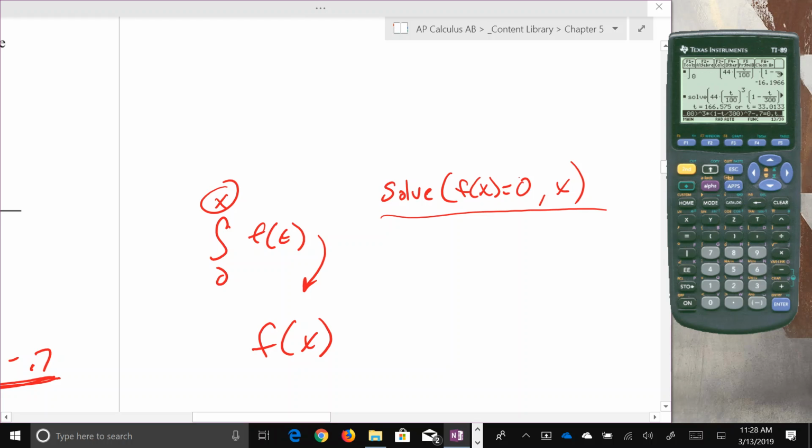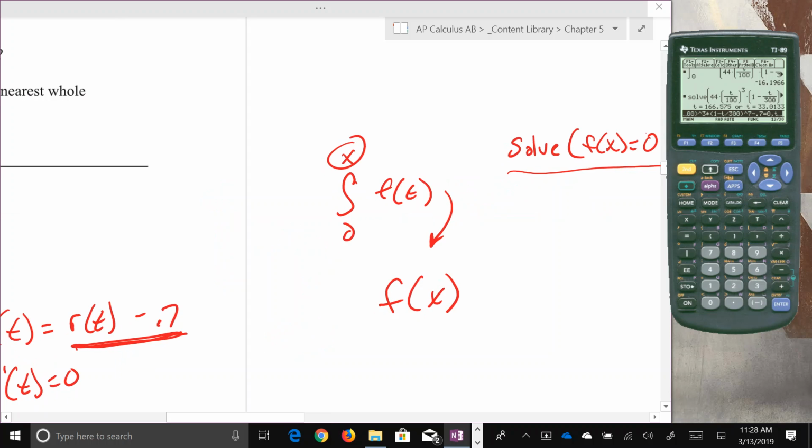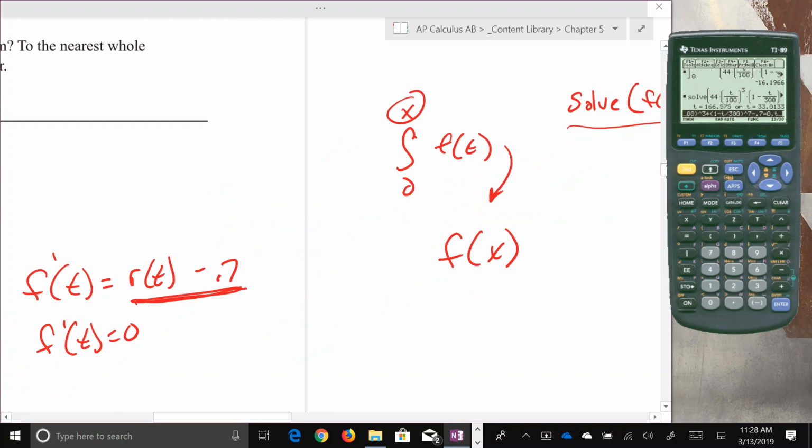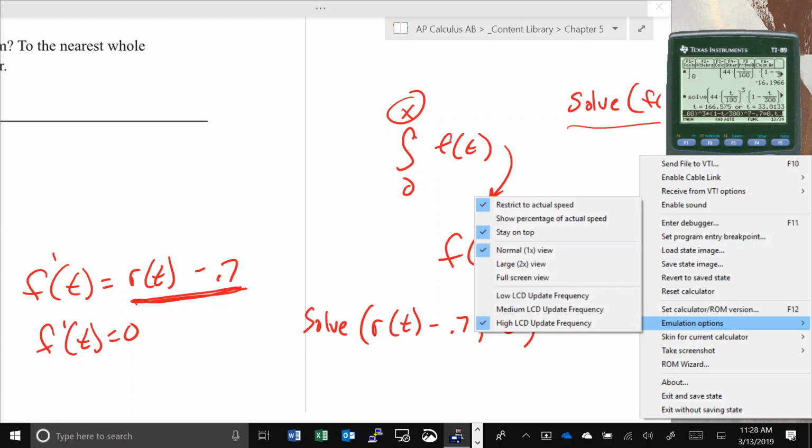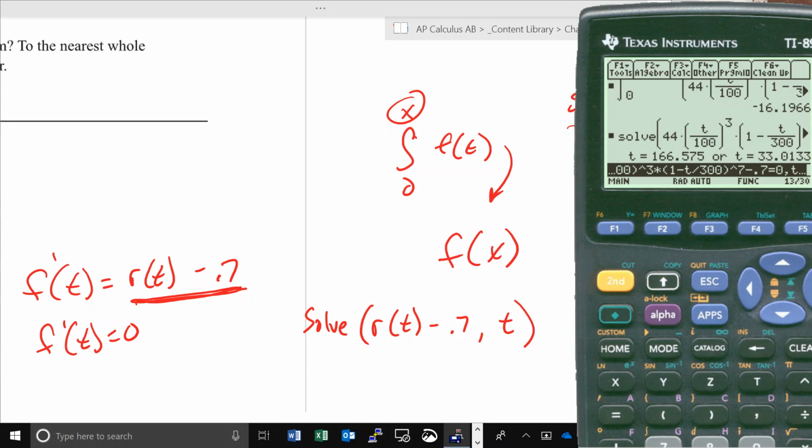All right, so I typed in f prime. I typed in this, r of t minus 0.7, comma t, solve. Okay, there we go. We got our answers. Let me blow this up a little bit. I literally just typed it in, solve.